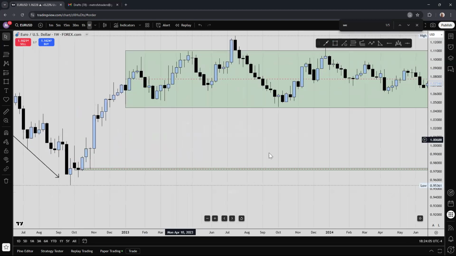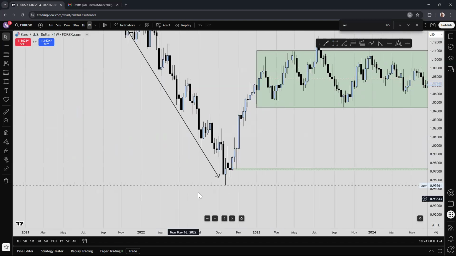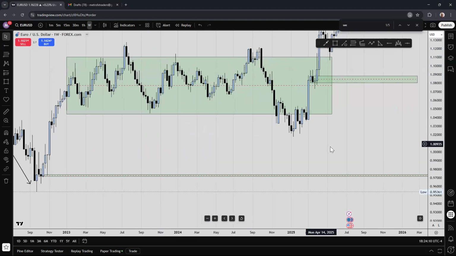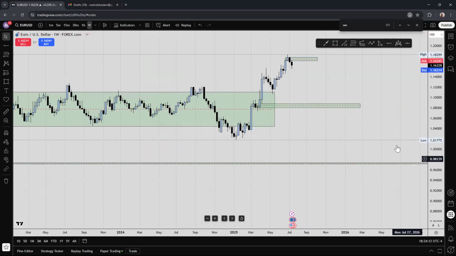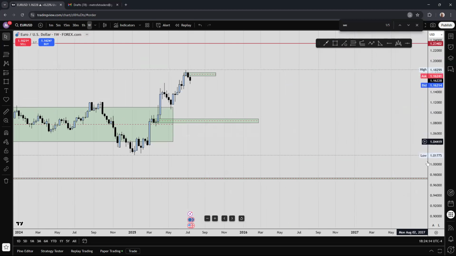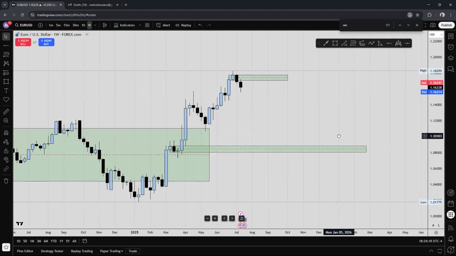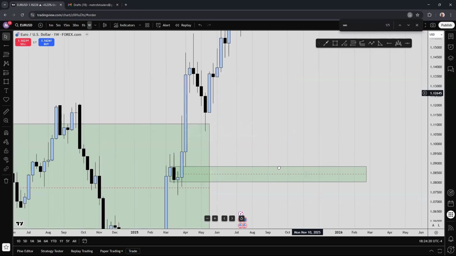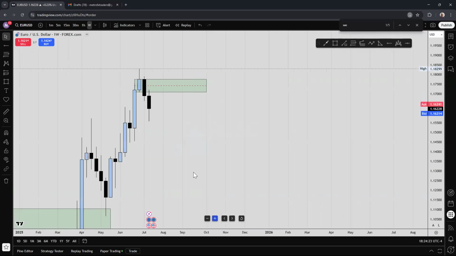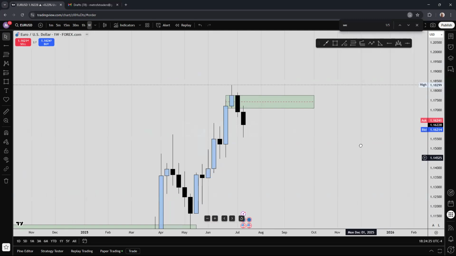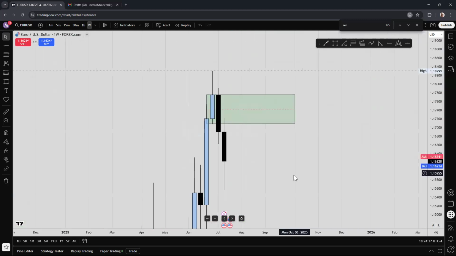Okay, so we need the market to break these lows here. But what are we looking for in order for us to take a trade going lower, a sell trade? A bearish engulfing candle. And what do we see at the top of this?